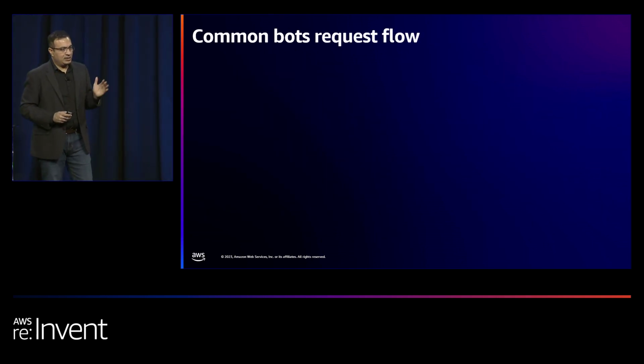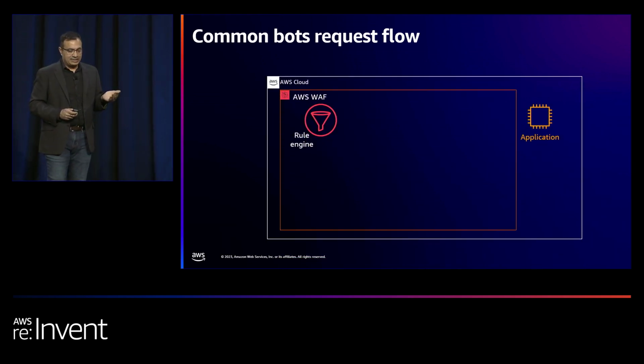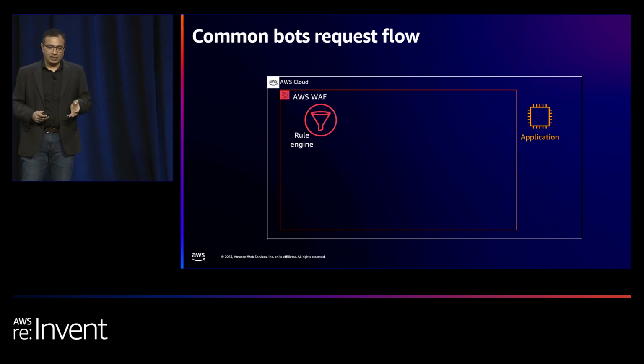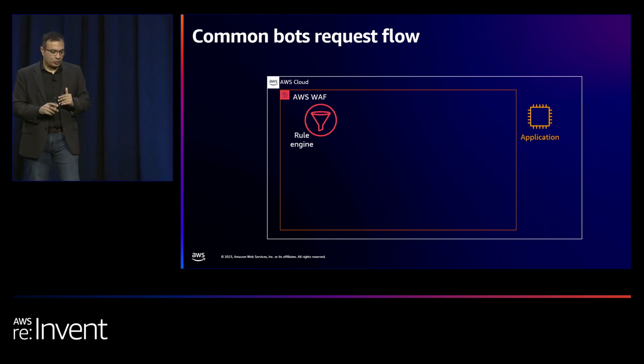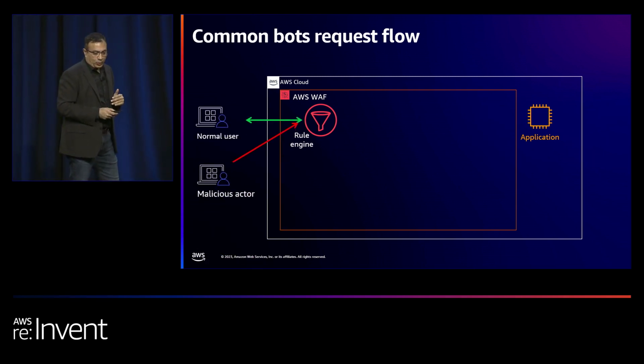So now I'm going to go back to the architecture diagram, a slightly simplified version of it, and explain the request flow. And I am going to keep coming back to this architecture to tie up quite a few things as we proceed through this presentation. A request comes in.